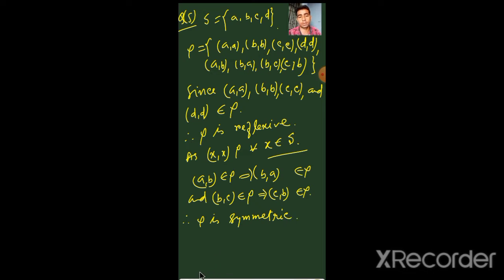To check whether rho is transitive or not, here (A,B) belongs to rho and (B,C) belongs to rho, but it is clear that (A,C) does not belong to rho.